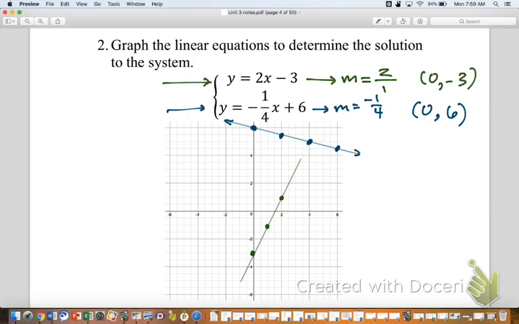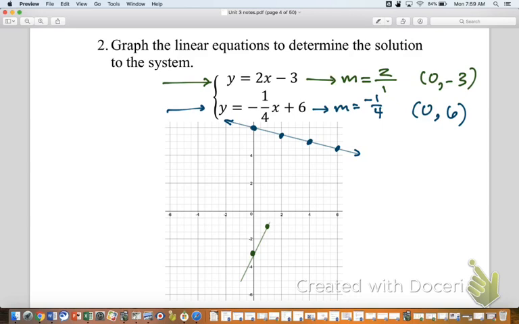Well, let's remind ourselves, when we're solving a system on a graph, what are we looking for? The points that intersect. Yeah, where the lines intersect. And right now, I didn't really draw my green line long enough, did I? No, you didn't. So maybe I should go back and fix that. Let me get rid of this. Oops, that's a really large eraser. Okay, so I'm going to recount my slope.